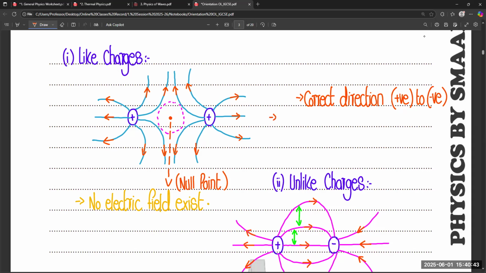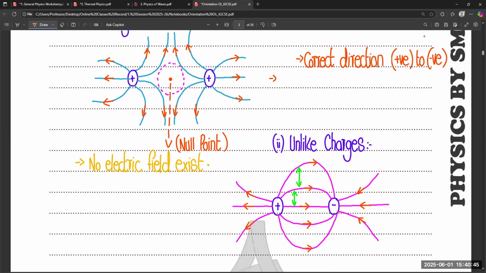Then, second point, very, very important, the gap between field lines increased. So you have to increase the gap between field lines. That is very, very important because it will give you 1 mark in your diagram. The last, radial field lines.